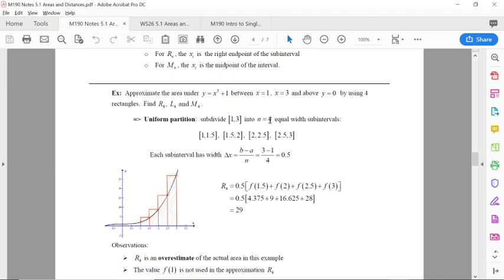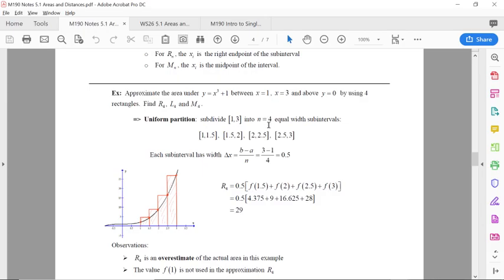We actually would need to have 5 points on the curve. So notice there are 5 points here, 5 x values associated with 5 y values. From 1 to 3, the first of those points would happen where x equals 1. The last of them would be x equals 3.